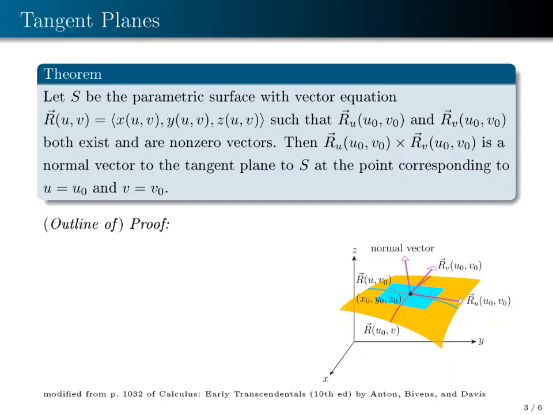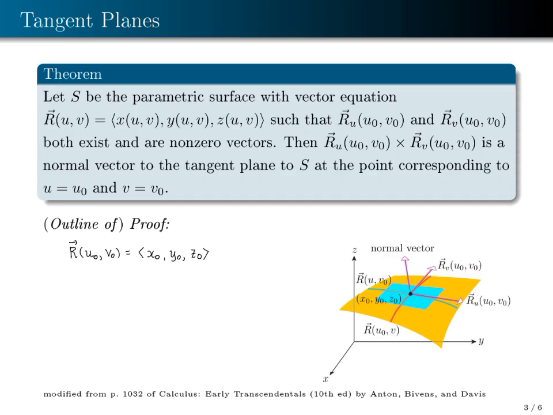Suppose the vector r of u0, v0 has components x0, y0, and z0. This means that the point x0, y0, z0 lies on the surface S, as shown on the figure on the right.